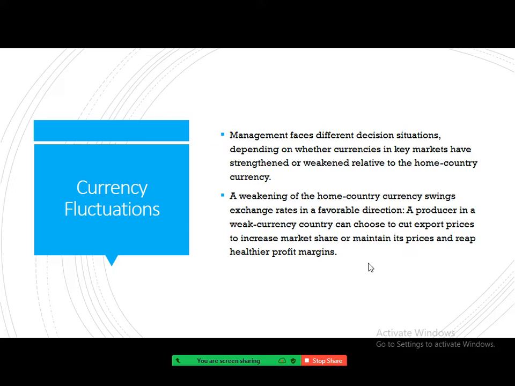Companies in the strong currency country can also choose to absorb the cost of maintaining international market prices at the previous level, at least for a while.